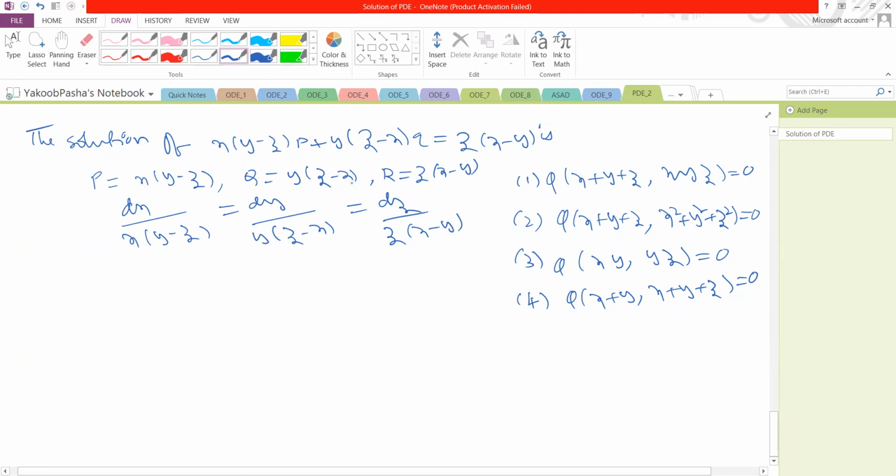Okay, method of multipliers lo first equation ని x తో డివైడ్ చేస్తే ఇక్కడ x క్యాన్సిల్ అయిపోతుంది, y తో డివైడ్ చేస్తే y క్యాన్సిల్ అయిపోతుంది, z తో డివైడ్ చేస్తే z క్యాన్సిల్ అయిపోతుంది. అంటే L1 is equal to 1 by x, M1 is equal to 1 by y, N1 is equal to 1 by z చూస్ చేసుకున్నాం అనుకోండి. ఇక్కడ y minus z, z minus x, y z క్యాన్సిల్ అయిపోతుంది.